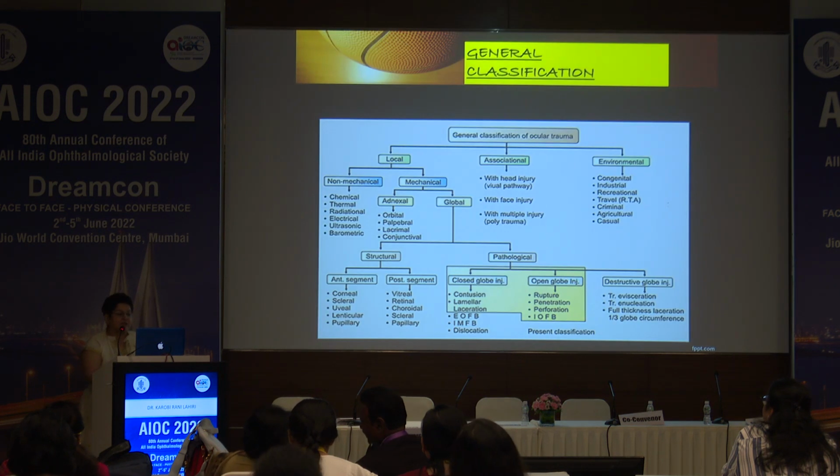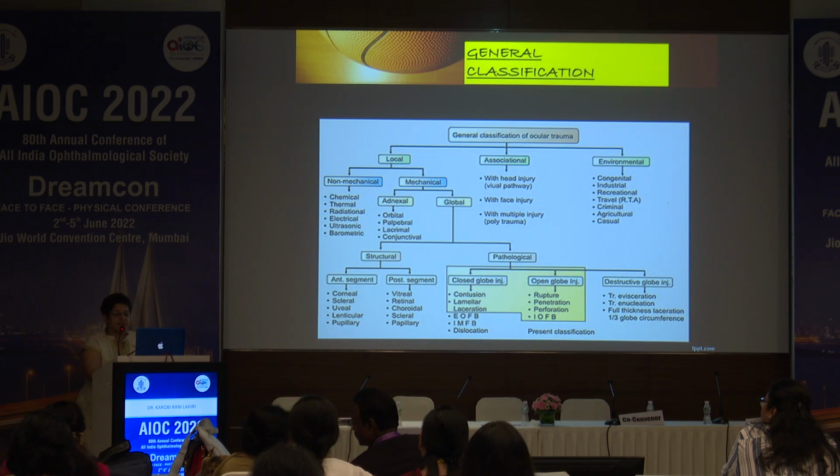Now, coming to the subclassification of the globe injuries, they are structural and pathological. Structural, as the name suggests, are either problems in the anterior segment, which could involve the cornea, sclera, uvea, lens, or the pupil, and the posterior segment, which involves the retina, choroid, sclera, and the optic nerve.